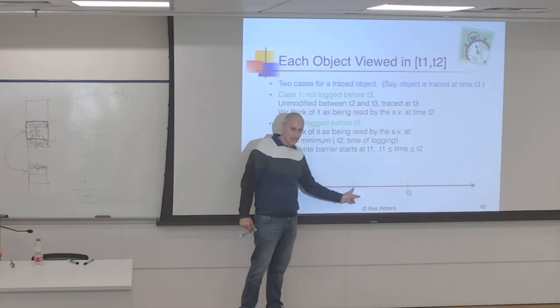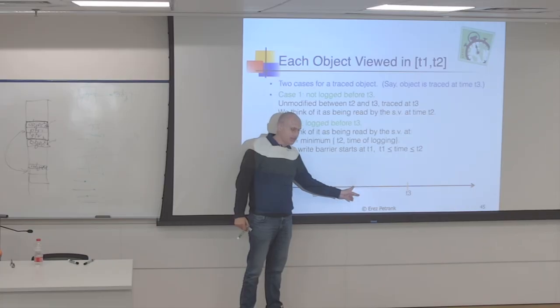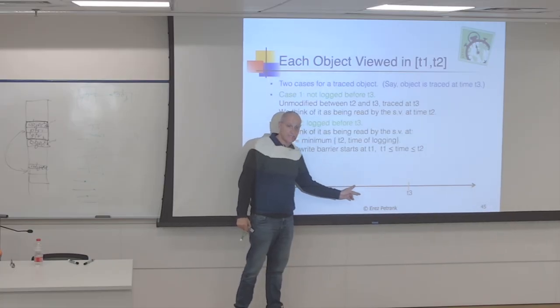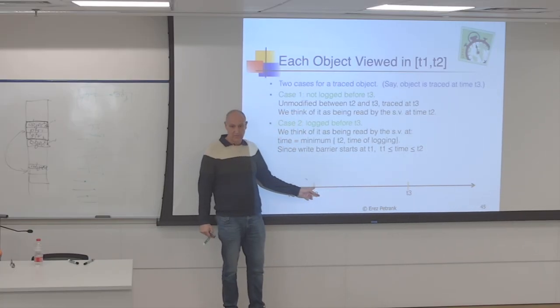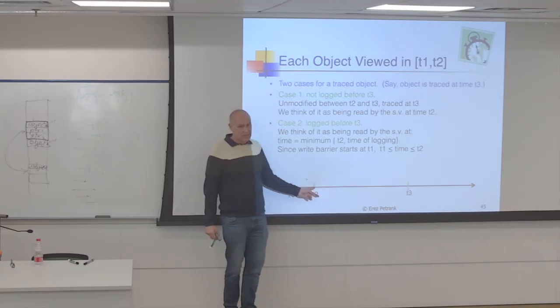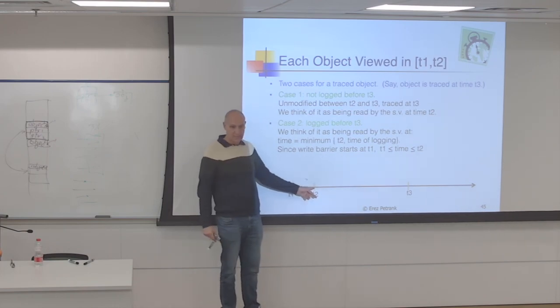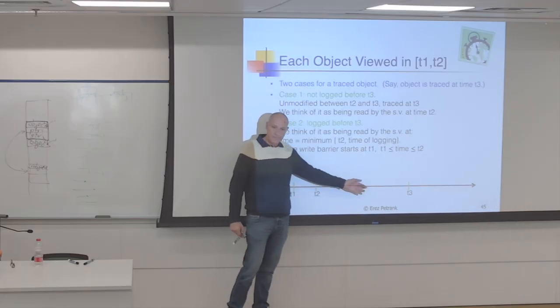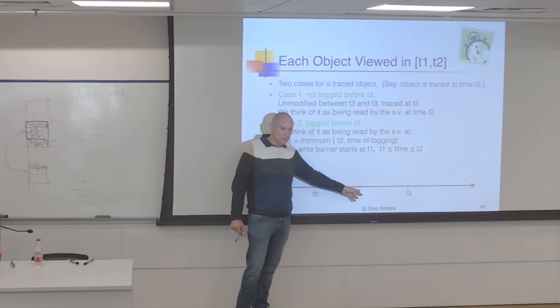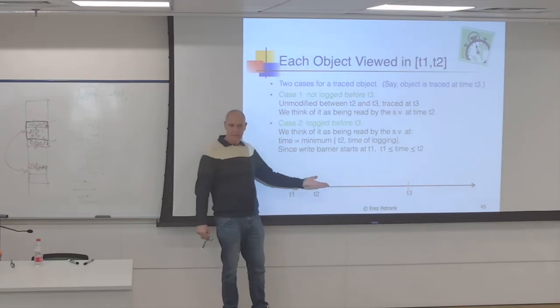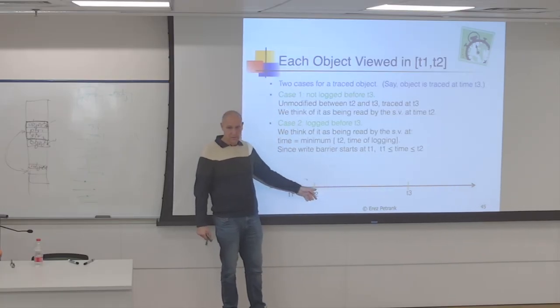It means that between T2 and the time it is logged, it is not modified. So the view that I can get in the log is similar to the view that's existing at T2. So I can assume that at T2 I would see the same thing, and therefore also for something that has been logged after T2, I traverse according to the view at T2.